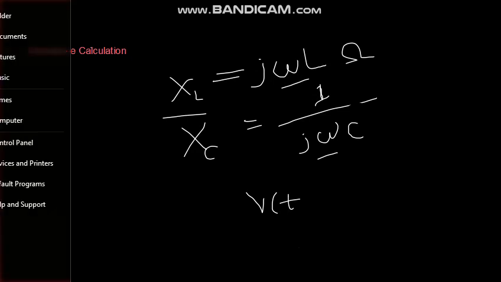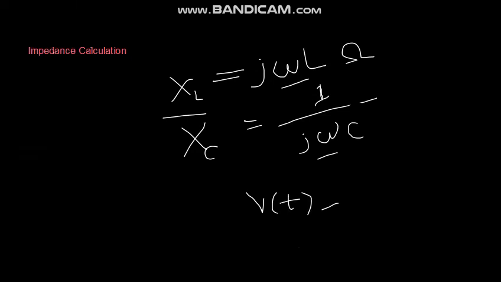If it is a Vt, that is Vm is 3 sine 4t, okay, in this kind of math, 4 will be your omega, and you can put this omega here and find out the reactance of the inductor and capacitor easily.